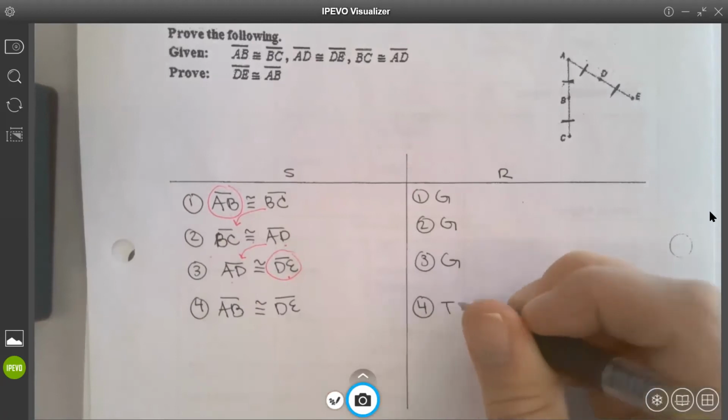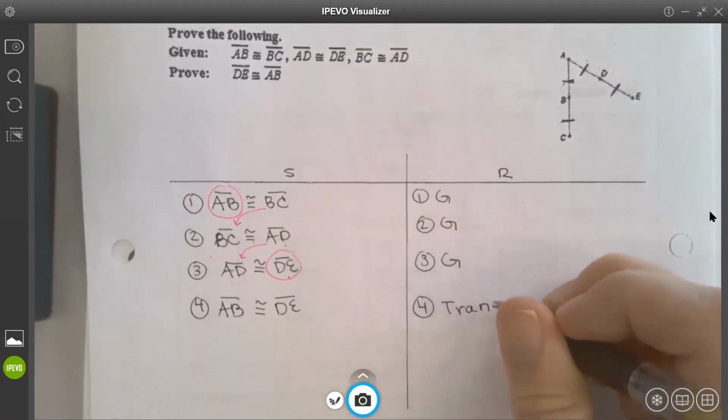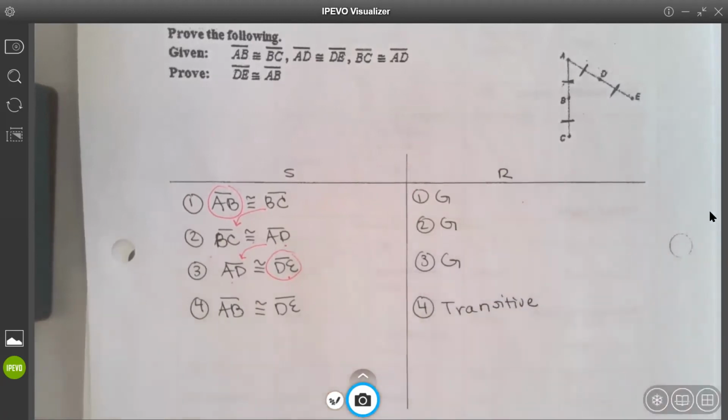And that's not substitution, but it's transitive property with a train. They're all connected. So AB and DE must also equal each other, because they're all linked together. And that's the end of our proof. That's what it wanted us to prove in the end, right?